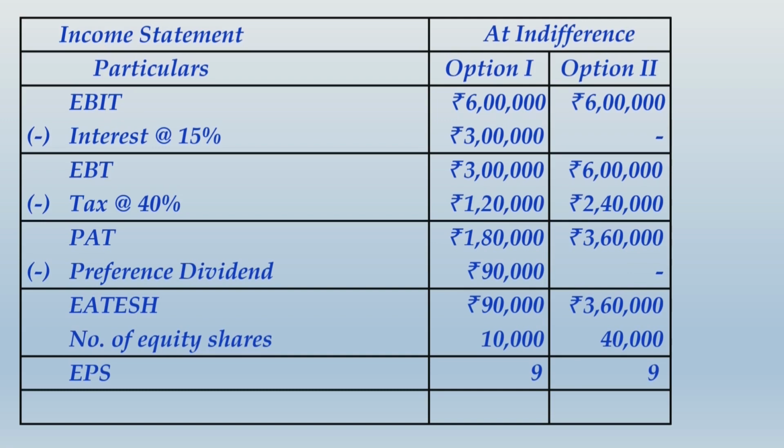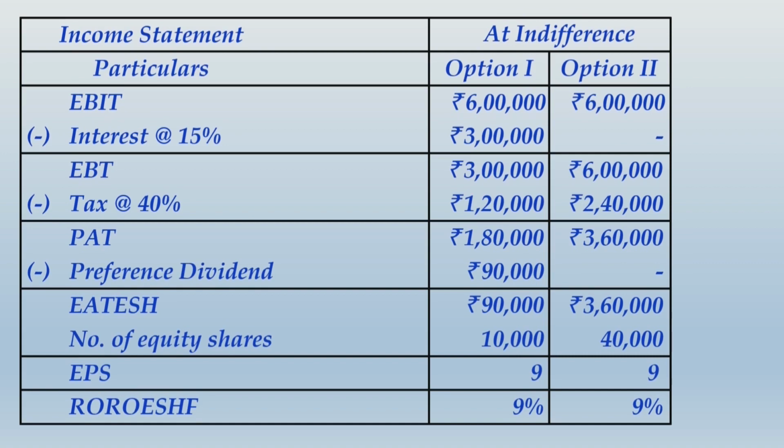In fact, because we started computing indifference point with equating the EPS of both the financing options, it was known from the beginning that EPS will be same, but here we have mentioned it by calculation also. This verification you need not write in exam as a part of your solution. This should be written only if the question is specifically demanding this verification.